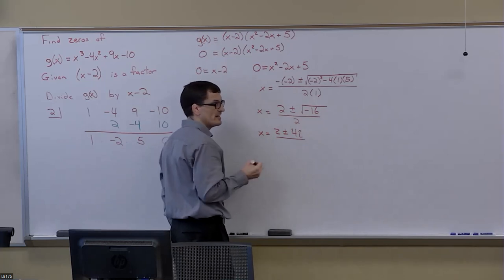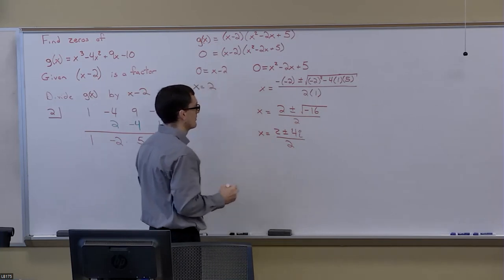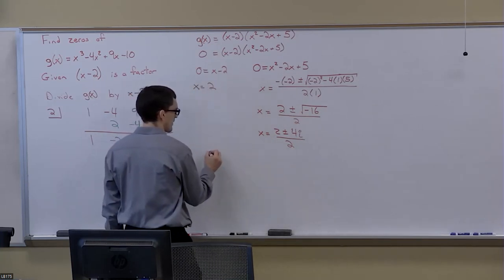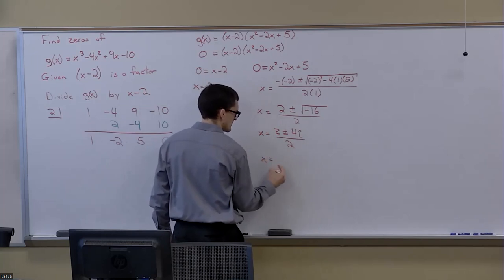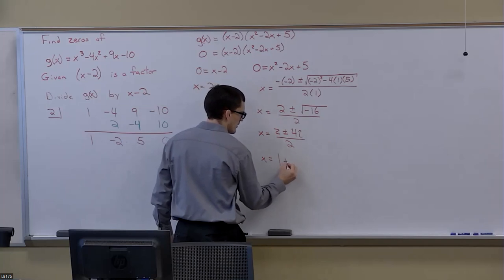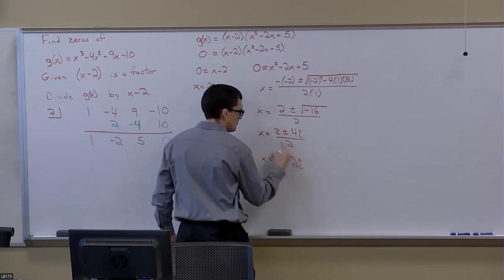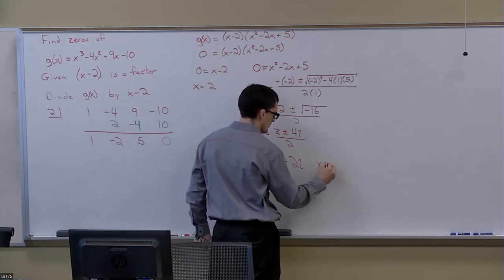But since there's a negative inside the radical, that's 4i divided by 2. We can divide both terms by 2.